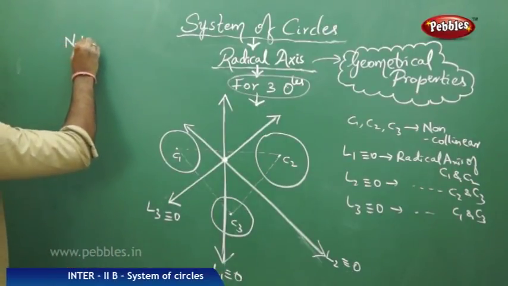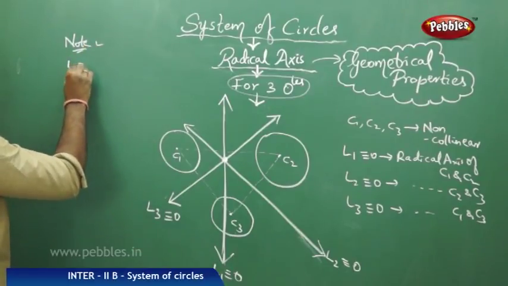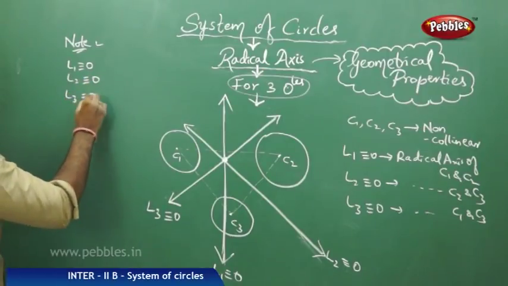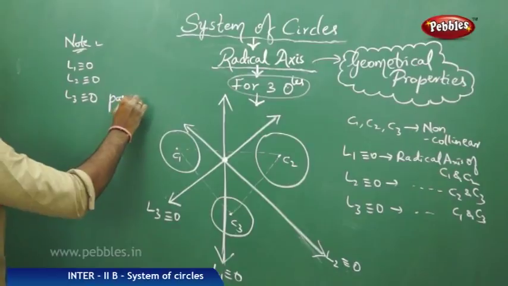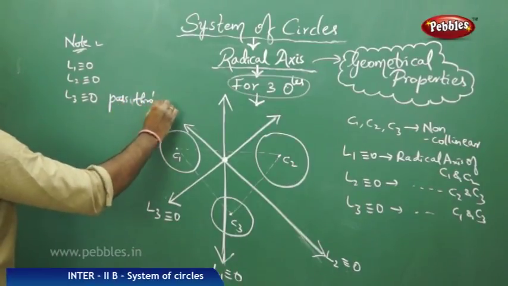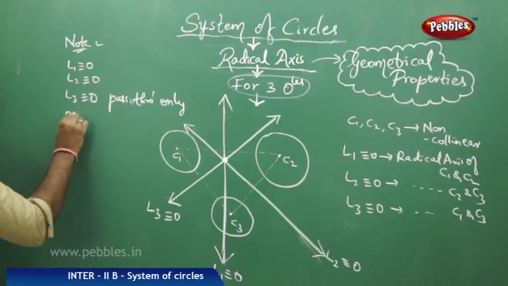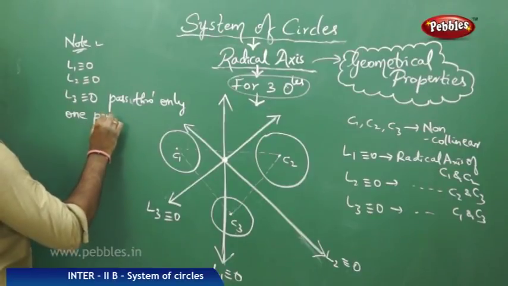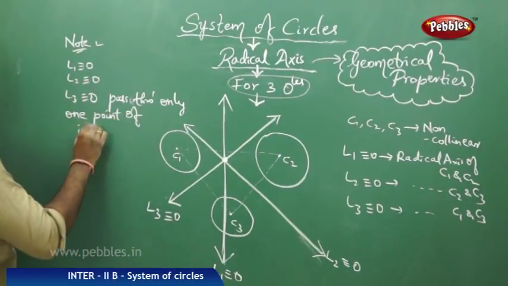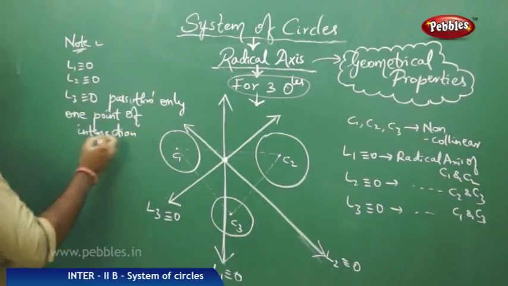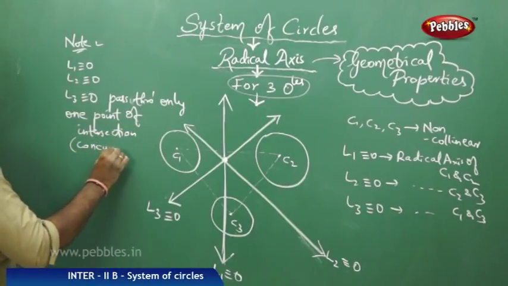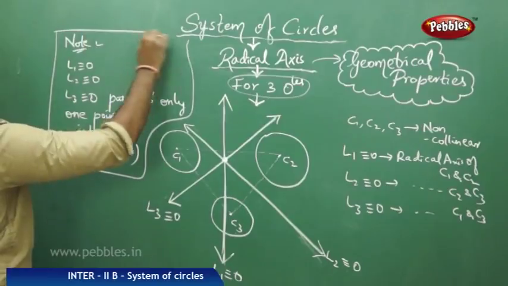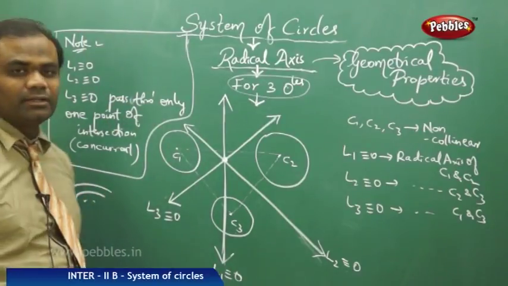Note, L1, L2, L3 pass through only one point of intersection, which we mathematically call concurrent. So they are said to be concurrent in the case of radical axes.